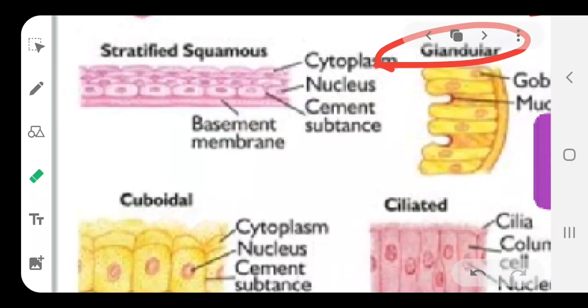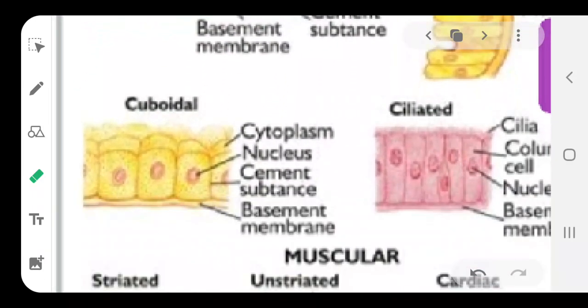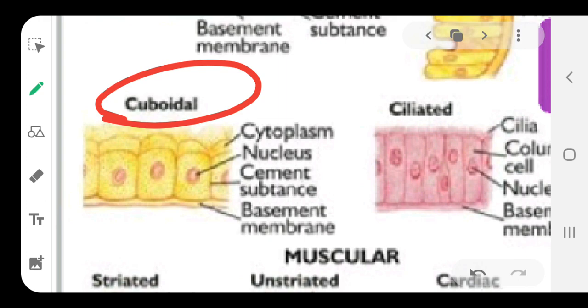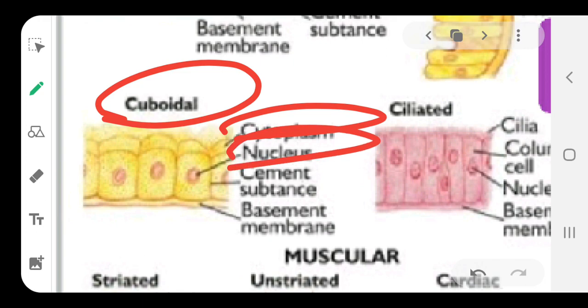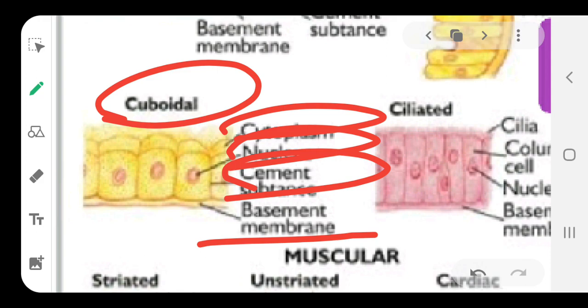Thereafter we have the fifth one, the cuboidal epithelial tissue, and in this you can again see the same labelings: the cytoplasm, in the center the nucleus, again the cementing material, and of course the basement membrane.